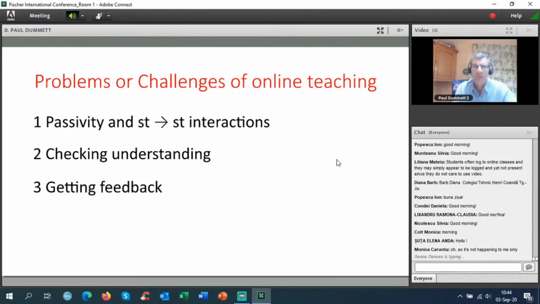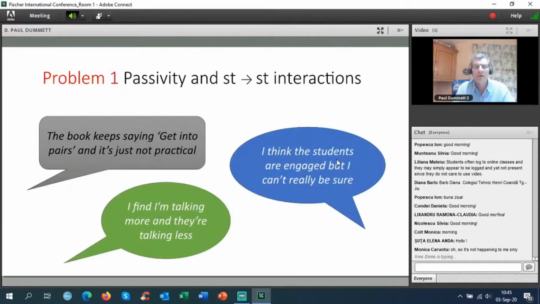The second is checking understanding. It's easier in a face-to-face situation than online. The third is getting feedback. How do I know whether they've enjoyed something or not? We're going to look at those one by one, and at different ways of dealing with those issues.